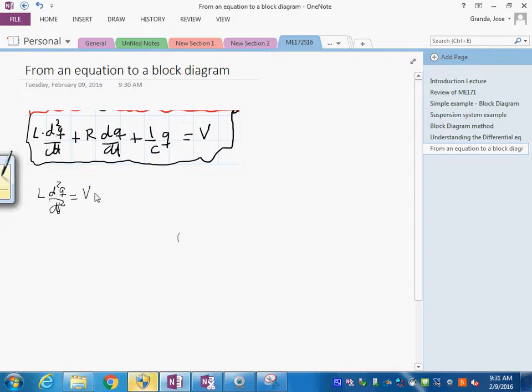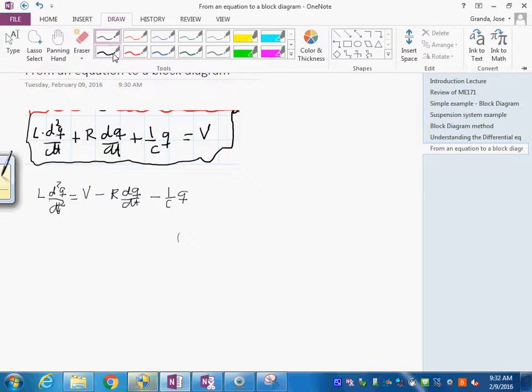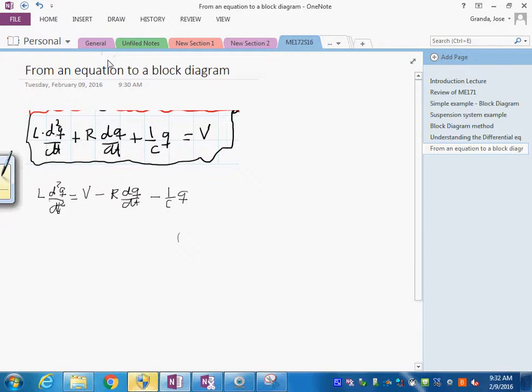In other words, this thing here is a summation point. So if you start with that, you go and say, okay, look, this is my summation point, and the first input block that we have is this V. This is of course the input here.